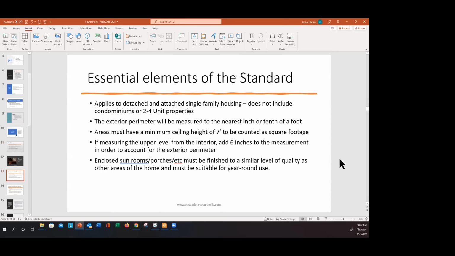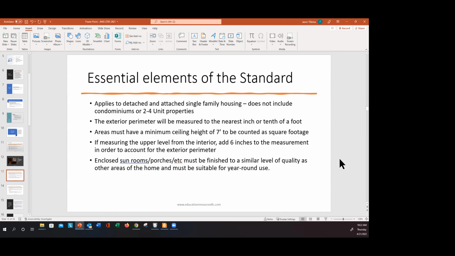First of all, ANSI only applies to single unit, attached and detached single family housing. This does not include apartments, it does not include duplexes or 2 to 4 units, and it does not include condominiums. Condominiums typically are going to be measured from, we say, drywall to drywall.